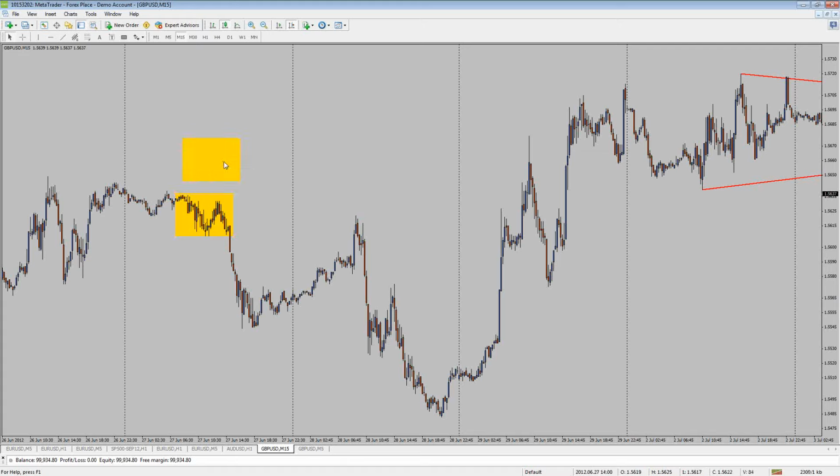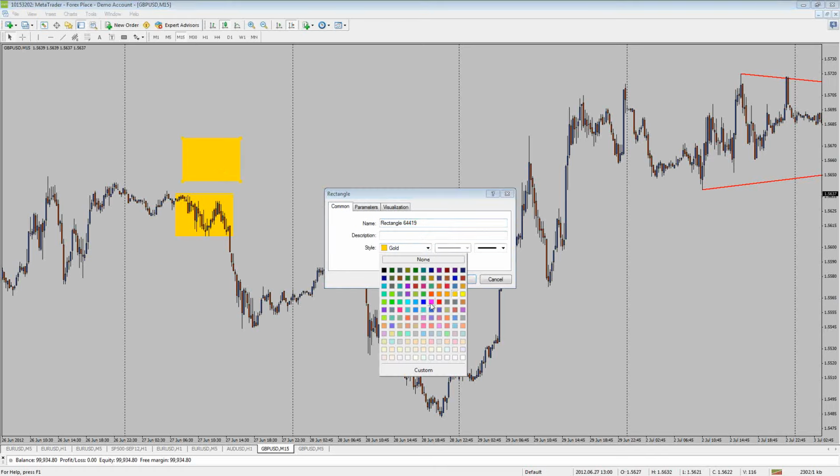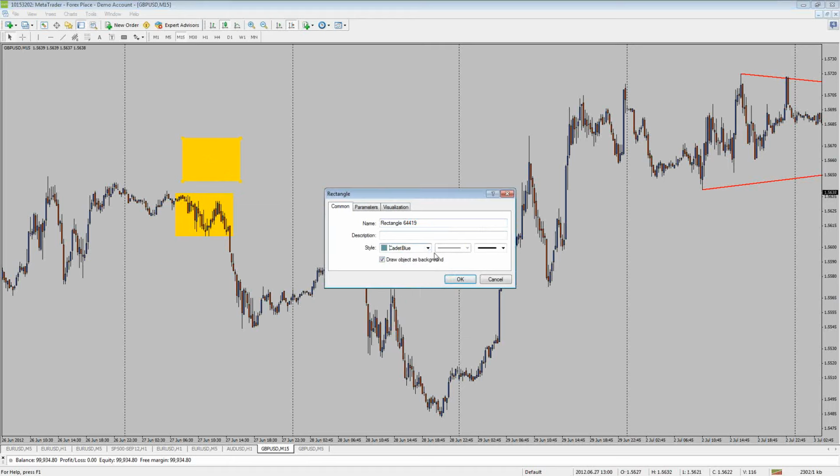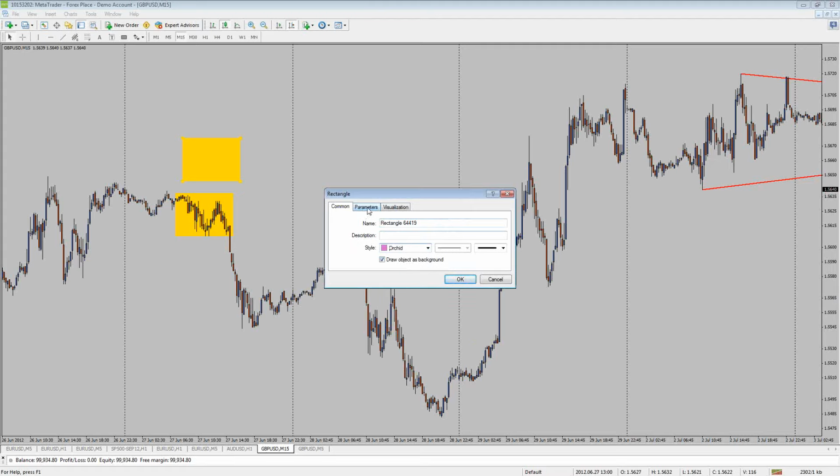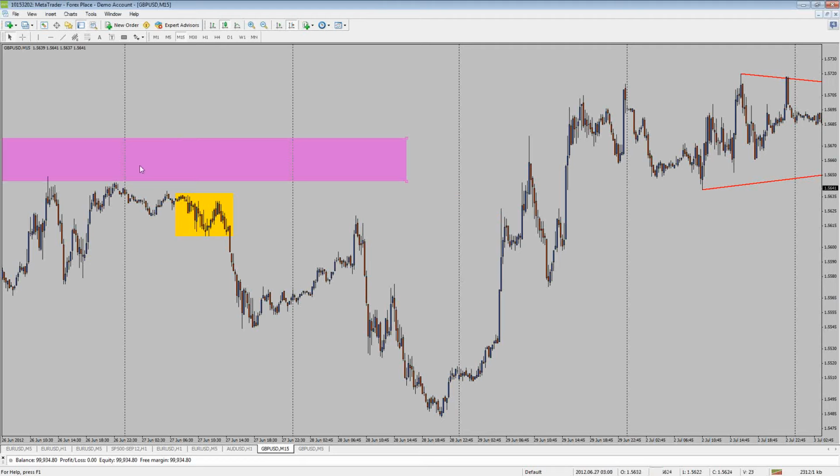And after we decided where the consolidation zone is, we also created another artifact, a different color. Let's take this orchid, with a more or less 3-day length, and you can move it around the smaller artifact, with the same price values, but longer.